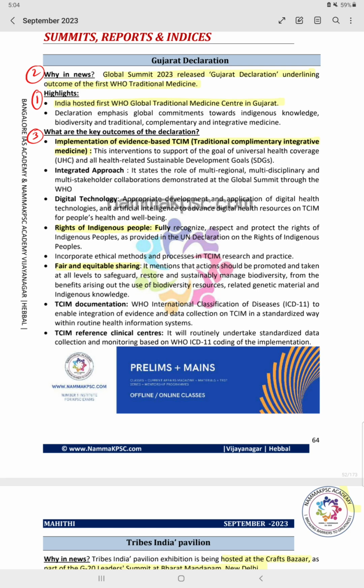It mainly wants to implement evidence-based traditional, complementary and integrative medicines, and also ensure the right of indigenous people to fair and equitable sharing of the resources. In which place has the traditional medicine center been opened? I think it is in Jamnagar.